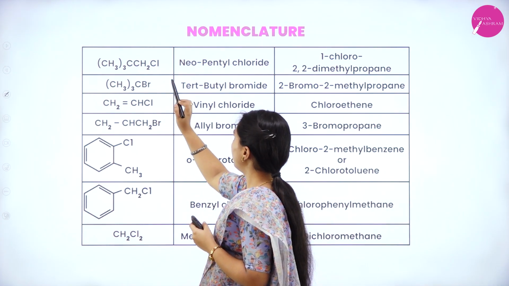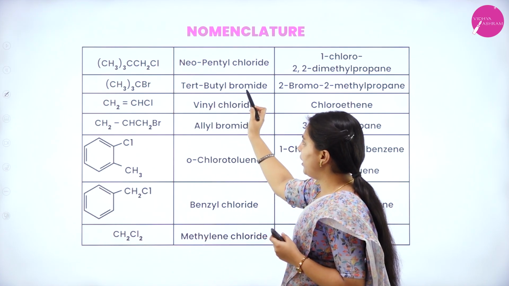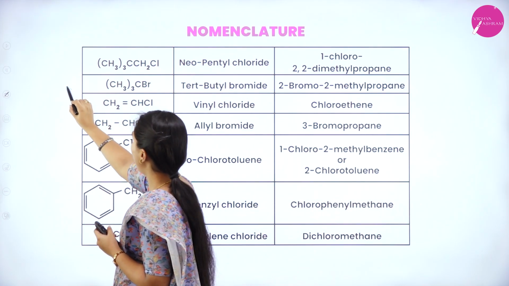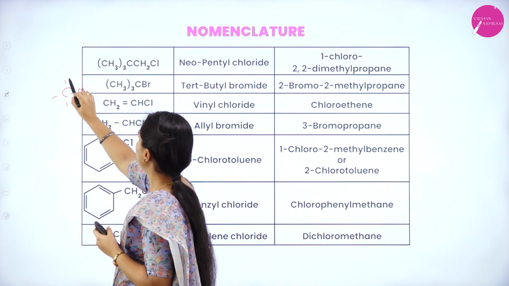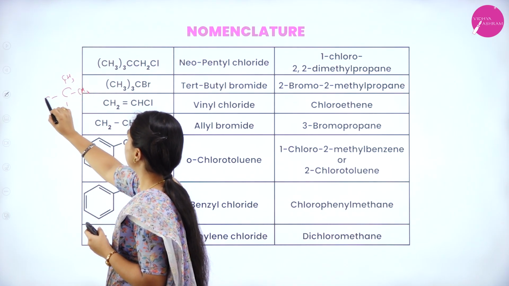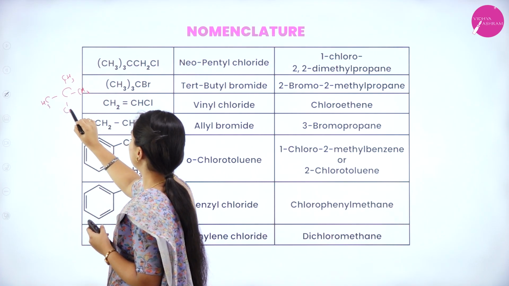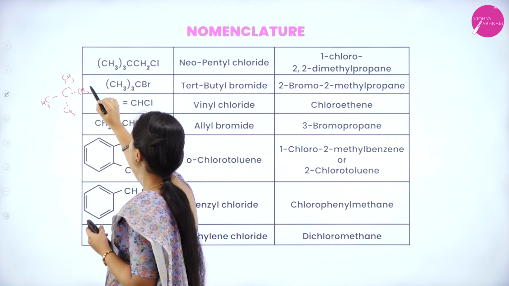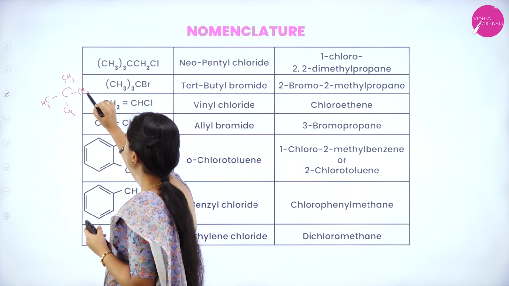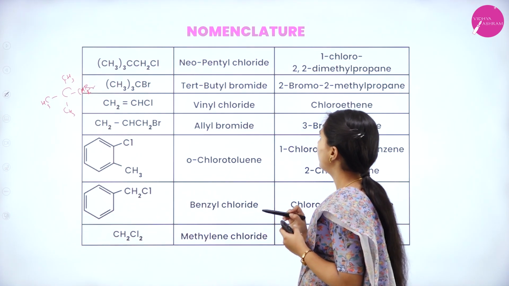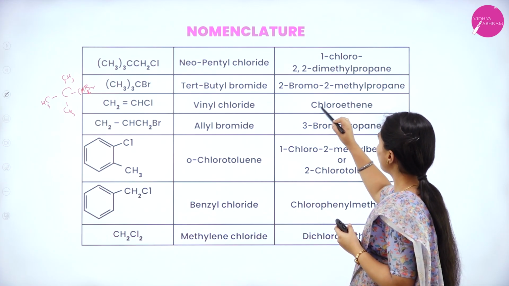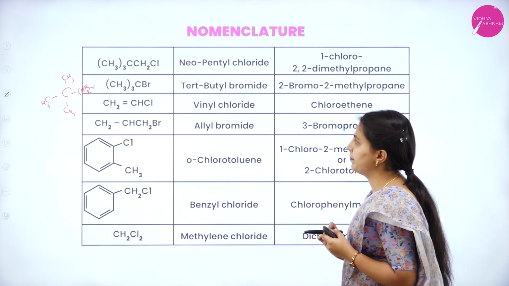This is also tertiary butyl bromide, because for one carbon CH3, CH3, CH3 and CH2Br will be present. That's why tertiary butyl bromide, or 2-bromo-2-methylpropane.